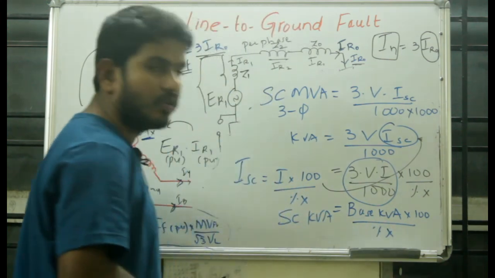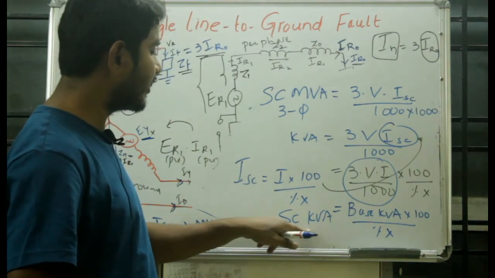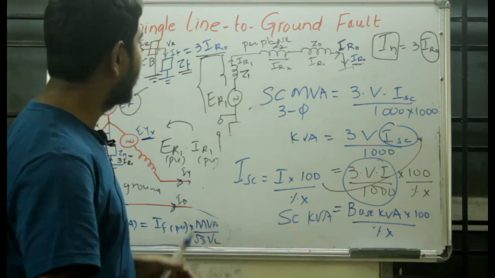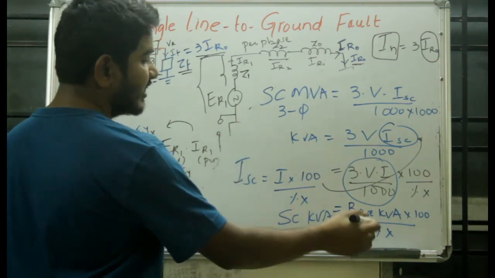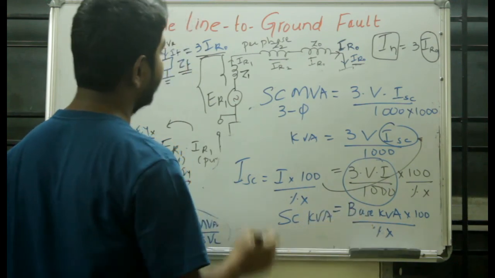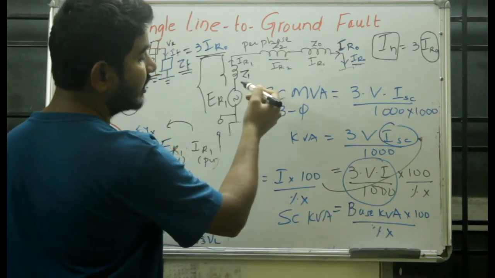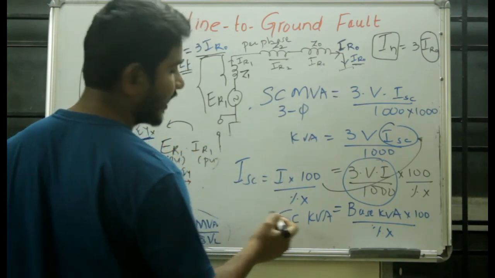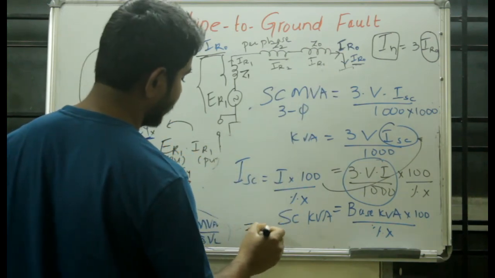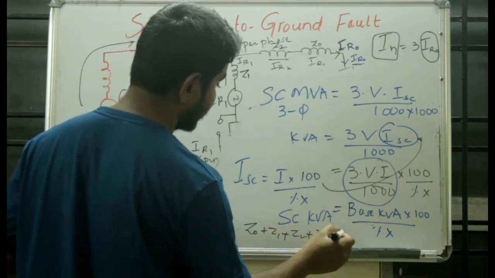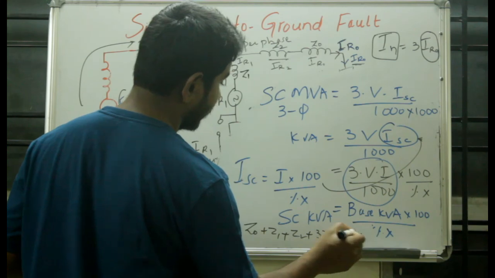If you are writing this in MVA, then short circuit MVA is equal to base MVA into 100 upon percentage X. Percentage X is nothing but your per unit reactance. You can find the per unit reactance using the circuit: it will be equal to Z0 plus Z1 plus Z2 plus 3 times Zn plus 3 times Zf.